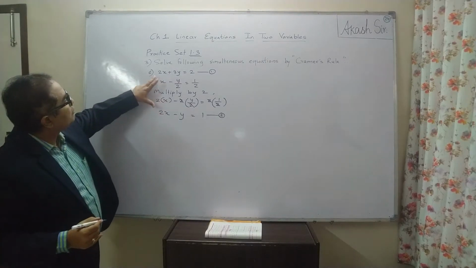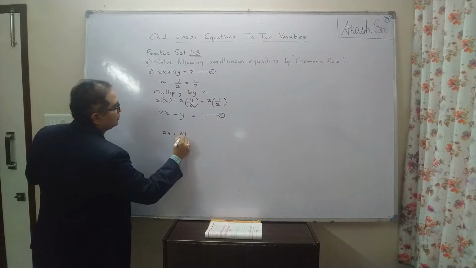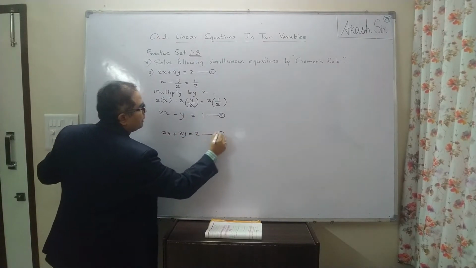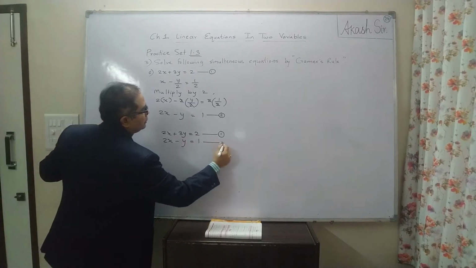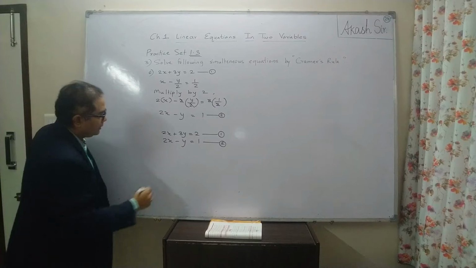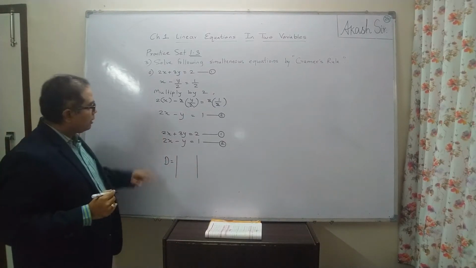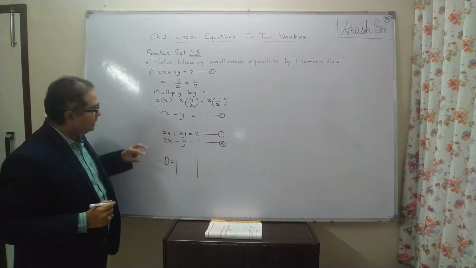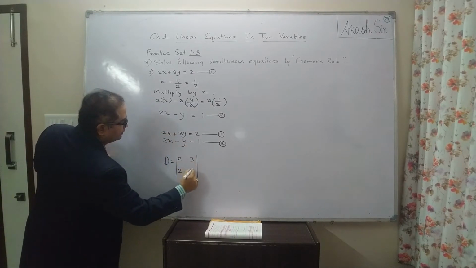This would be your equation number 2. Let's write these two equations one below the other. 2x plus 3y is equal to 2, equation 1. And 2x minus y is equal to 1, equation 2. Now we'll solve by Cramer's rule method. Determinant D is equal to what? Coefficients of x and y as they are, 2, 2, 3, minus 1.